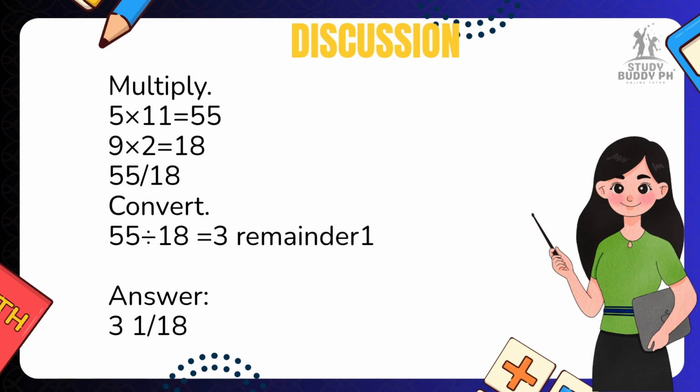Multiply. 5 times 11 equals 55. 9 times 2 equals 18. 55 divided by 18. Convert. 55 divided by 18 equals 3, remainder 1. Answer, 3 and 1/18.